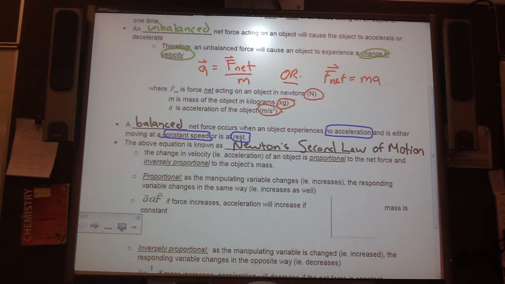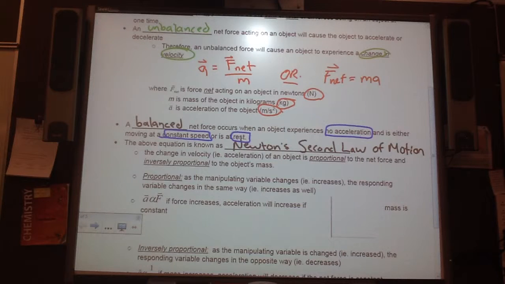This will apply when we talk about Newton's first law, because an object in motion will stay in motion unless acted upon, and an object will stay at rest unless a force is acted upon it. So an F net could theoretically be 0, but an object could still be moving.